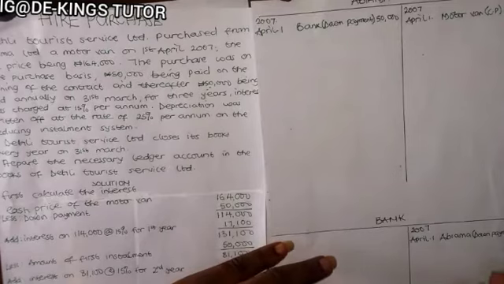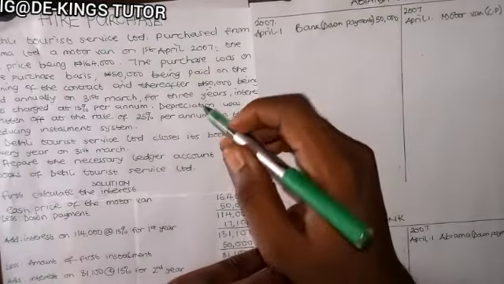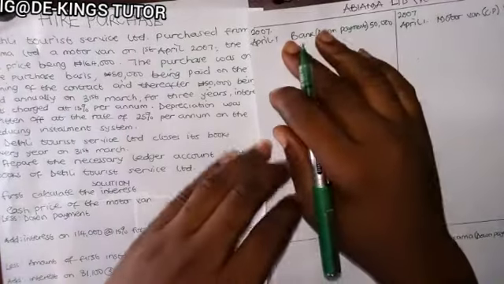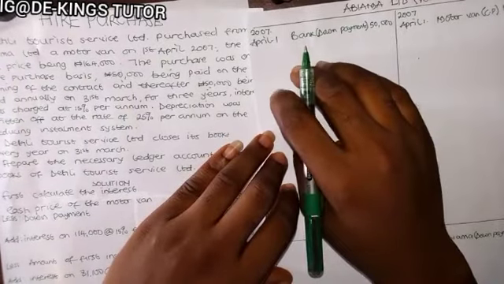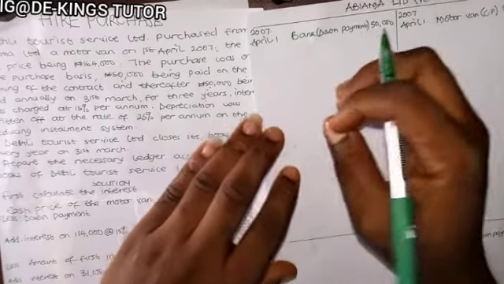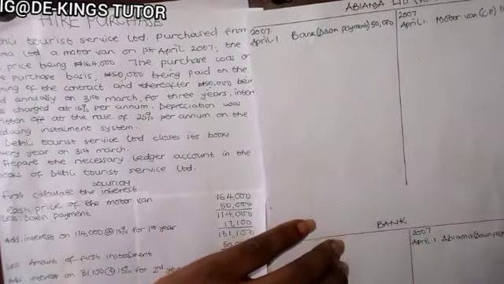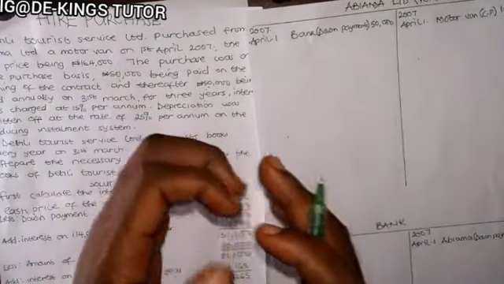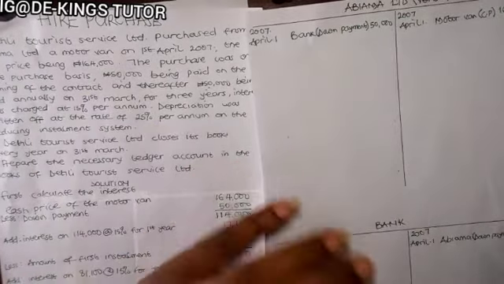When the installment payment is made, you credit the bank and you debit the hire vendor's account with the amount that is paid. Then the interest that is embedded in it, you credit the hire vendor's account and you debit the interest account. So we're going to be doing that one after the other.